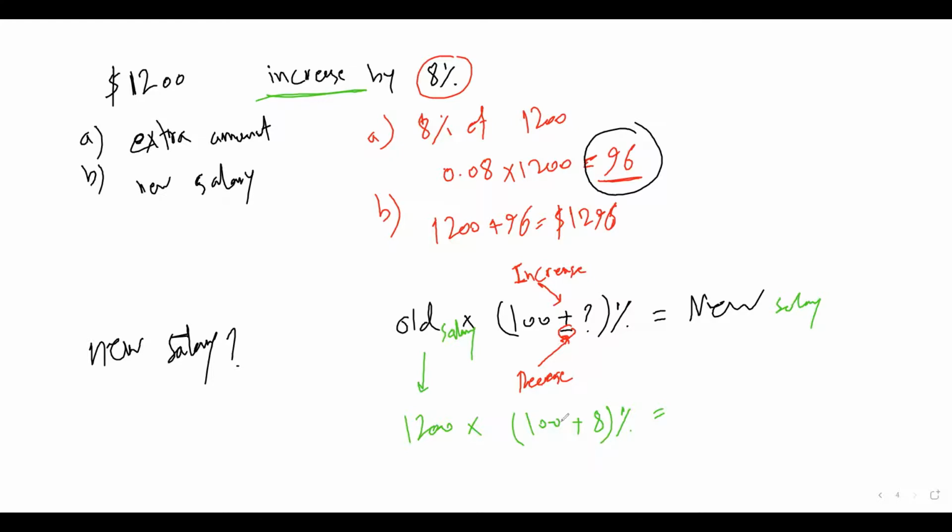So if you key in your calculator, basically that is 1200 times 108%, and the answer directly gives you 1296. So you found the new salary without bothering to find the extra amount. So usually the questions are like that.